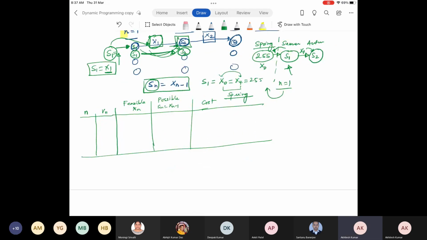Let me fill this table. This will give you insight. So these are my stages 1, 2, 3, 4. The employment level requirement I know is 220, and this is the minimum, 200, and 255. We have already set X4 equals 255.